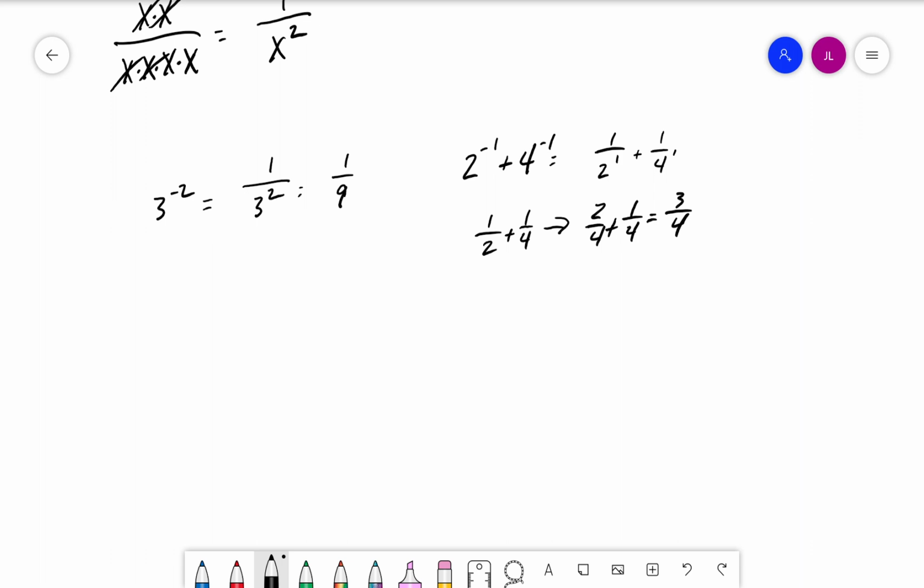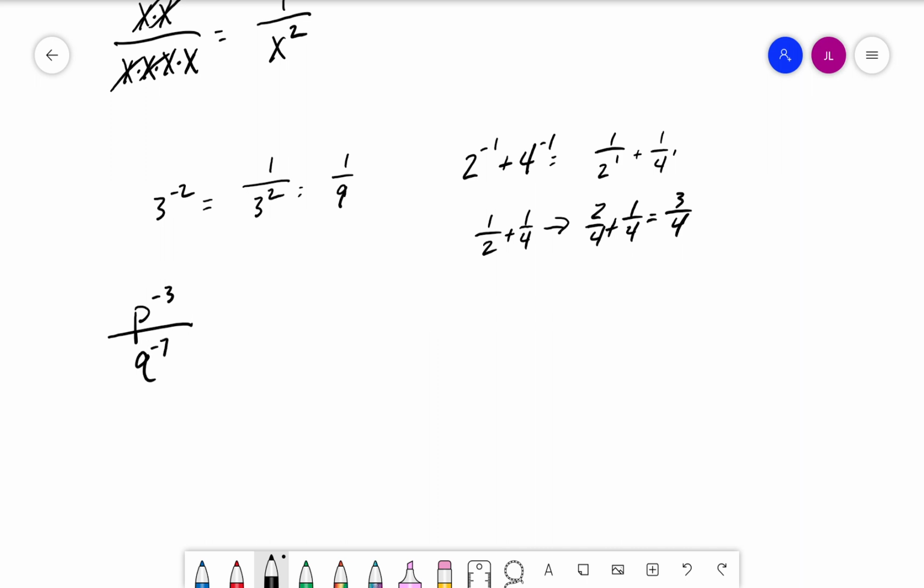Now we can also think of these things another way. Let's look at something like p to the negative 3 over q to the negative 7.